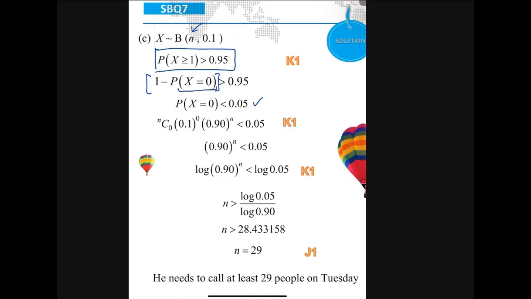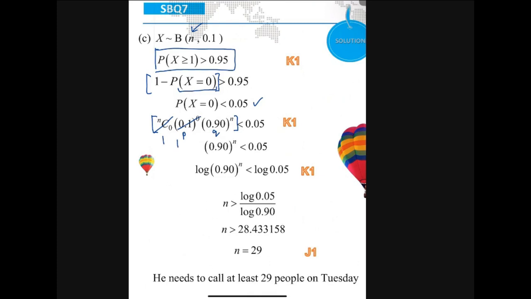So from there, I come out with the binomial formula, C0, and then the probability of success 0.1 to the power of 0, and the probability of failure 0.9 to the power of n. This is less than 0.05. Okay, and C0 is basically 1. 0.1 to the power of 0 is also 1.